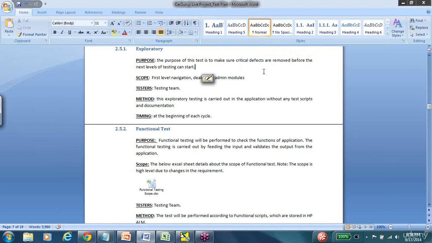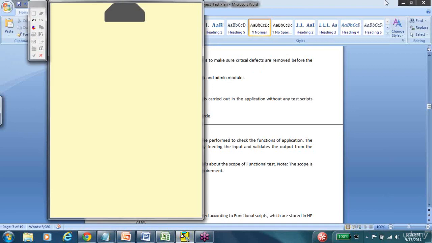Do you think it does or it doesn't? The way in which exploratory testing removes critical defects is, maybe critical is not the right word there. The right word probably should be obvious defects.